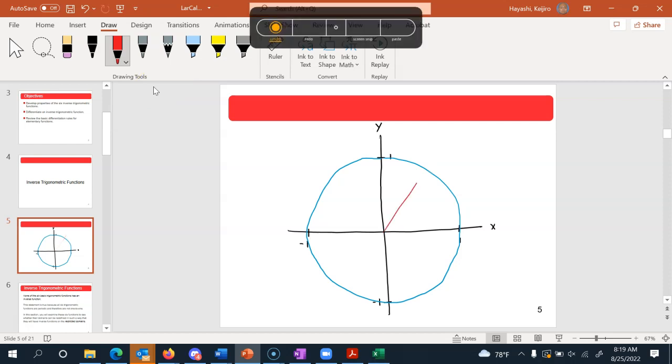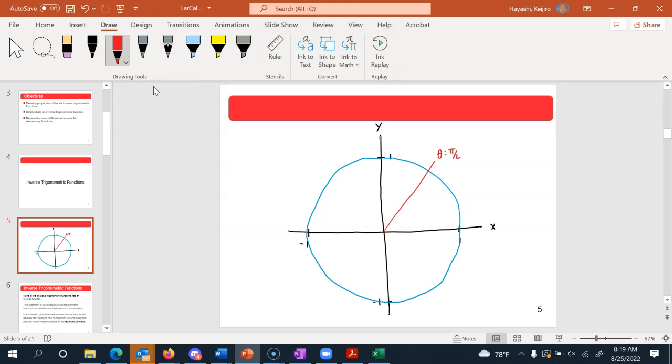We're going to call it pi over 4 radians. And in terms of angles, the whole circle is 2 pi radians around. And you always start from the positive x-axis. So here is the angle 0.